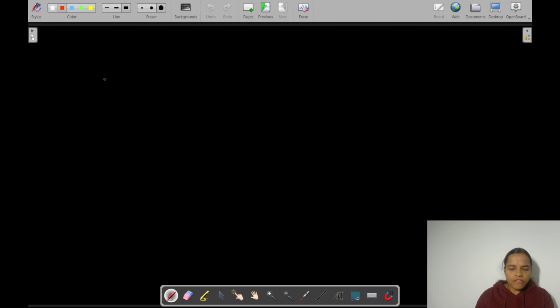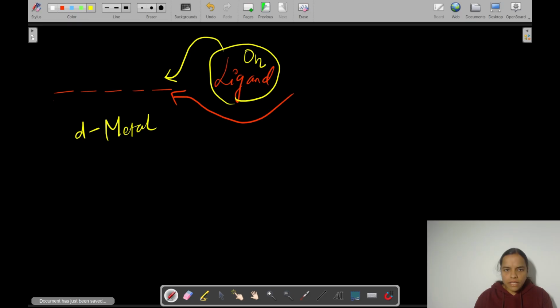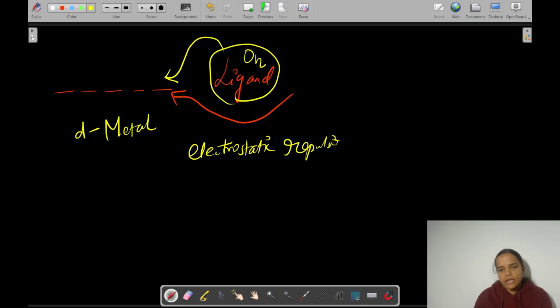But when we have the ligands approaching this metal environment, this is the d metal, when we have octahedral ligands approaching these metal subshells, this creates an electrostatic repulsion between these octahedral ligands and the electrons in the metal ion, which leads to the splitting of the d orbitals.